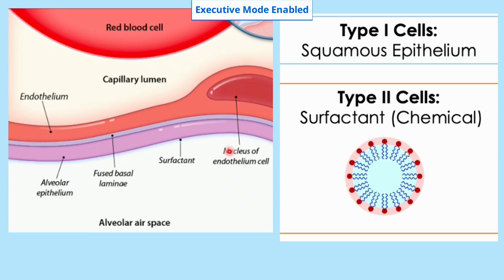And then you can also see in this picture the fused basal lamina between the alveoli and the capillary. And that increases surface area. It makes sure that the capillary is completely touching the alveoli as much as it can because it's physically fused to it. So that increases the surface area for gas exchange, the fused basal lamina.